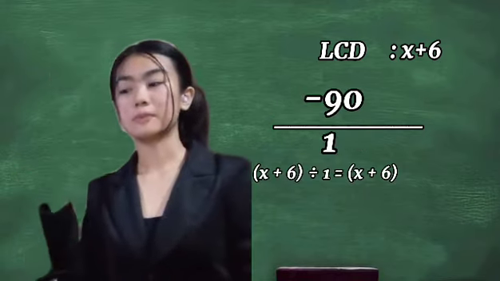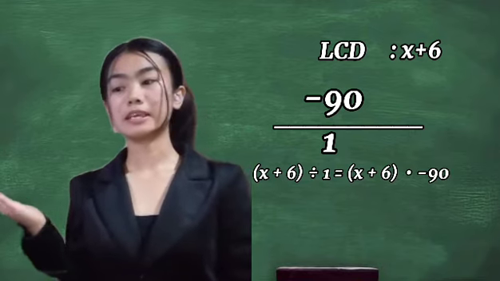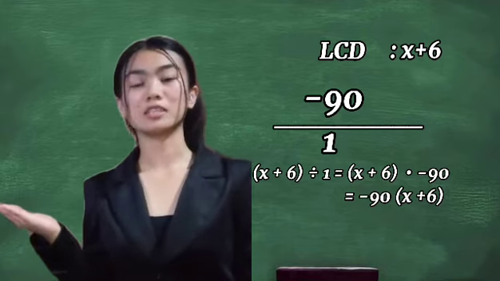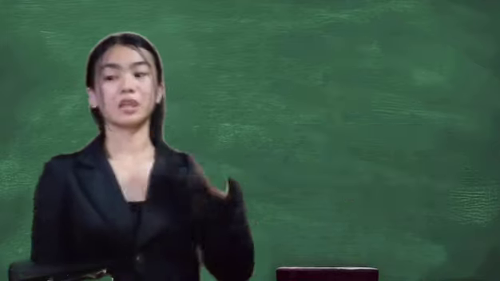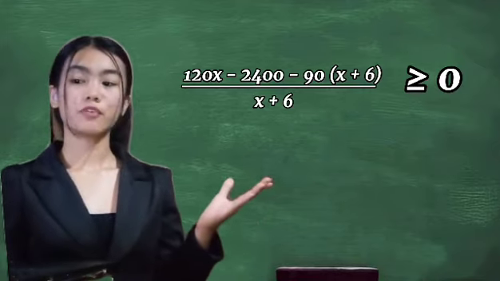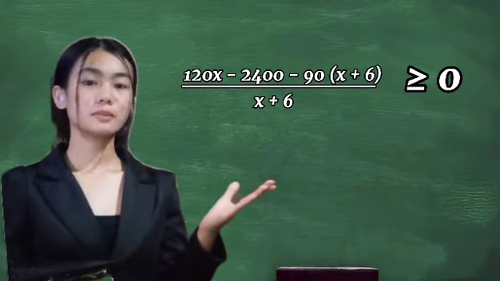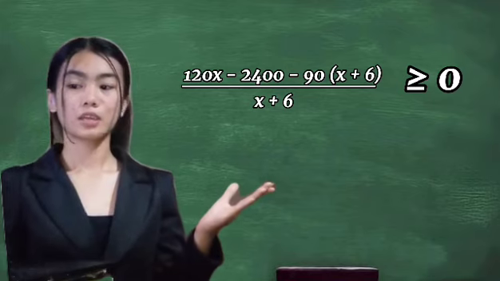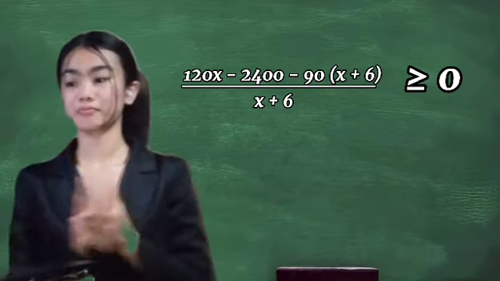So x plus 6 divided by 1 multiplied by 90 is negative 90 times (x plus 6). And the inequality will be (120x minus 2,400 minus 90(x plus 6)) over (x plus 6) is greater than or equal to 0.